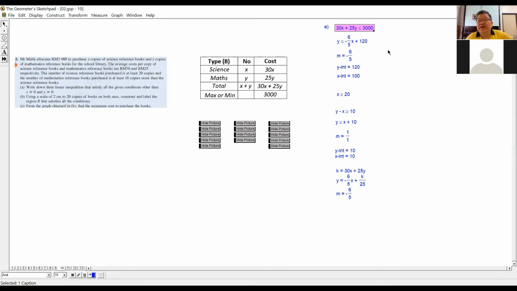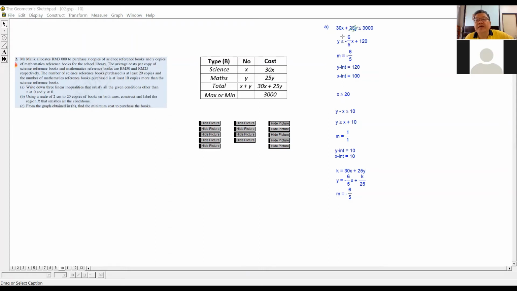I try to change this inequality into the form y equals mx plus c. Why change to y equals mx plus c? Because I want to use the gradient to plot the line, right? So after changing, I see the y-intercept is 120. X-intercept is 100. How to get the x-intercept? You look at the first inequality here, and I'm going to put y equals 0.